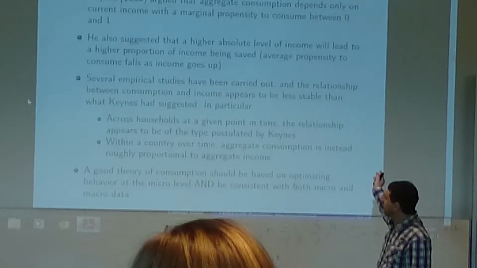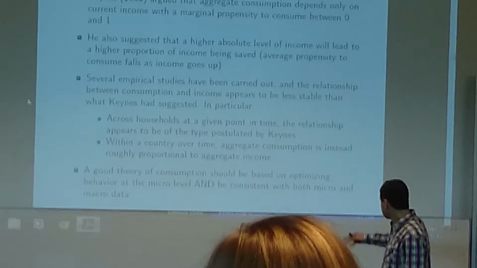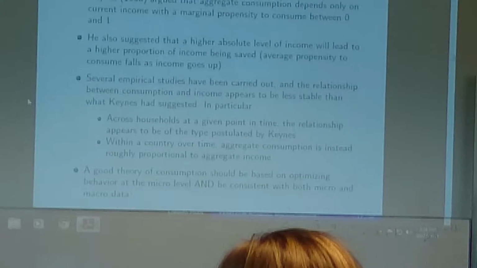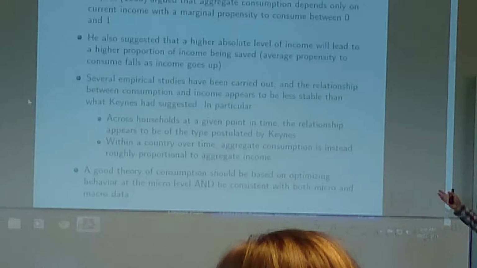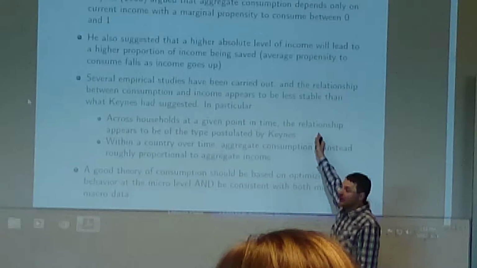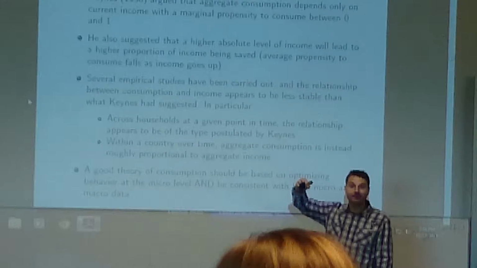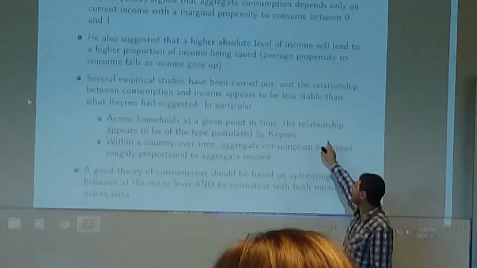Well, several empirical studies have been conducted to look at the relationship between consumption and current income. Some people argue that if you look at households at a given point in time, you find that the relationship appears to be of the type postulated by Keynes.